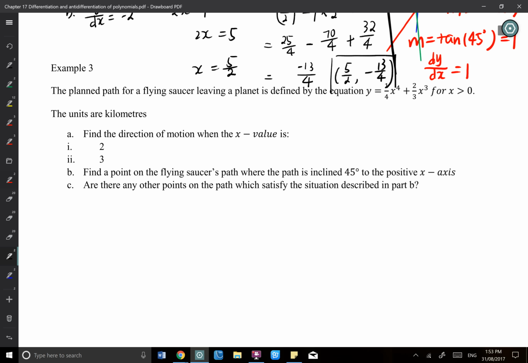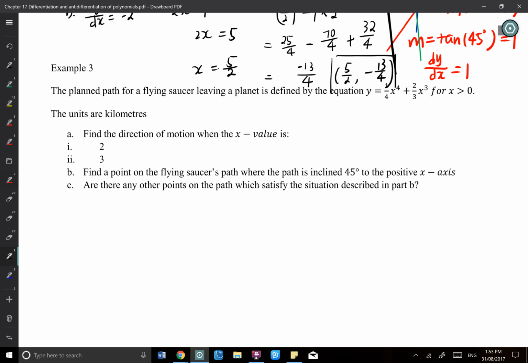Let's have a look at example 3. The planned path for a flying saucer leaving a planet is defined by the equation, for x greater than 0. First of all, can you help me sketch this quartic for the correct domain?